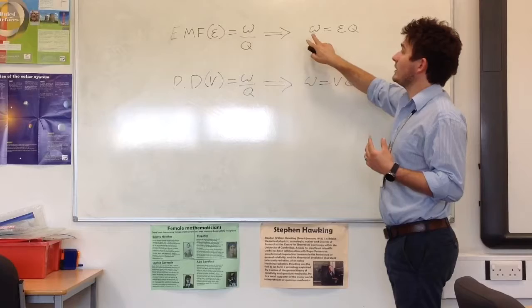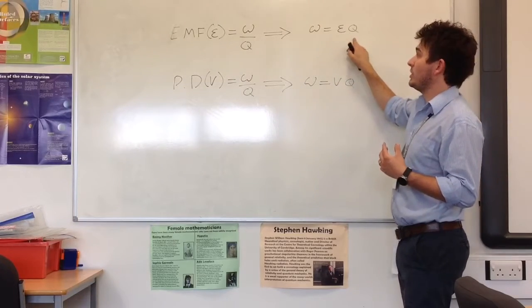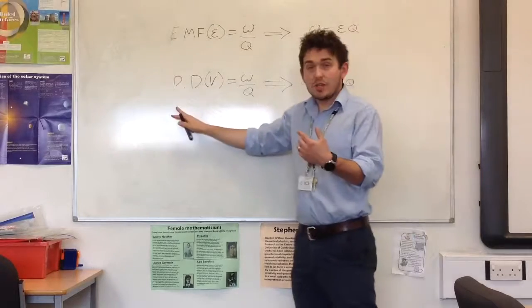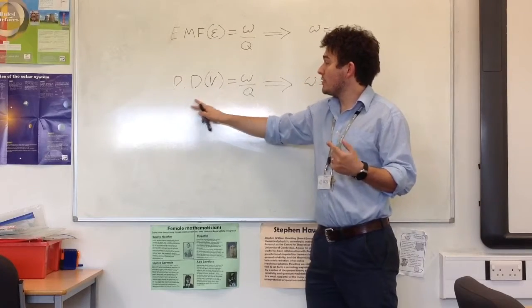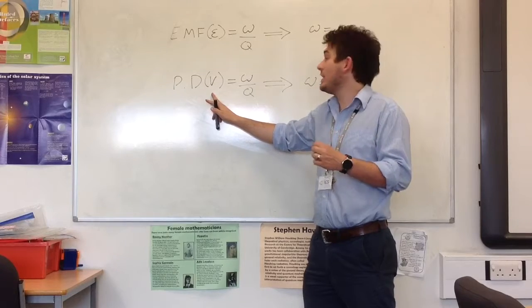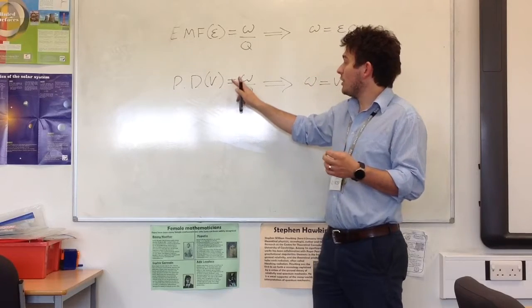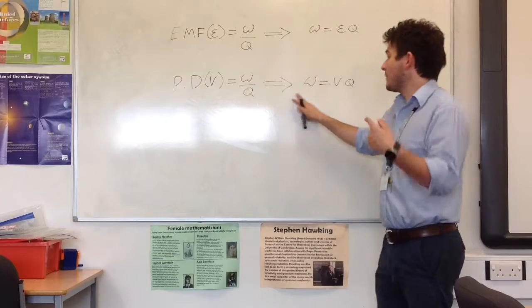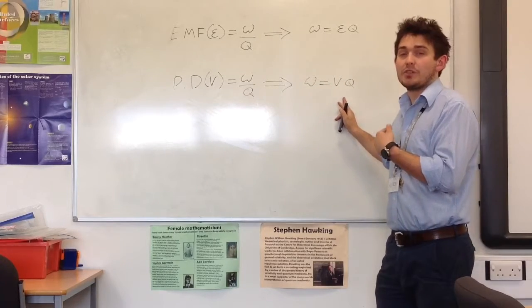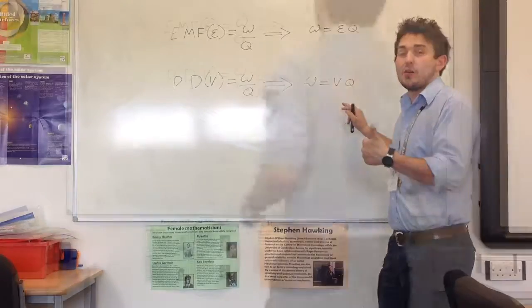From that we can write W equals epsilon Q, or work done equals the EMF times the charge. We can do the same with potential difference, or V in this case, the most common one to refer to in our equations, which is equal to the work done per unit charge, W over Q. From that we can draw out the same thing: work done equals potential difference times the charge transferred, W equals V Q. Right? Hope that makes sense.